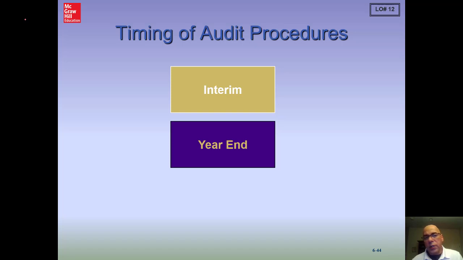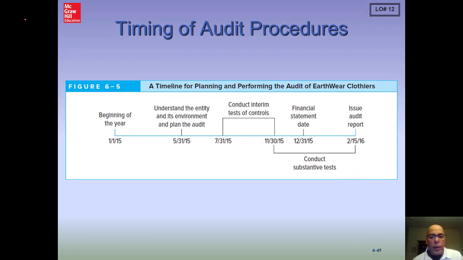Let's take a look at this example, where you can see that we have a 12/31/15 reporting date. If we're doing testing at interim, we are doing testing at dates before the end of the year, and we can do some of this interim testing.